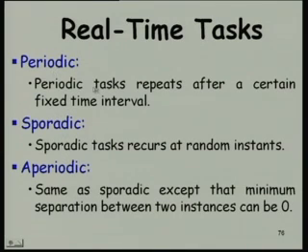The periodic task is one which repeats after some fixed time interval, keeps on occurring based on some time. Just look at the term, time. Somehow some clock is there giving a time interrupt and the task is arising. For example, you are trying to sample temperature every 100 millisecond.